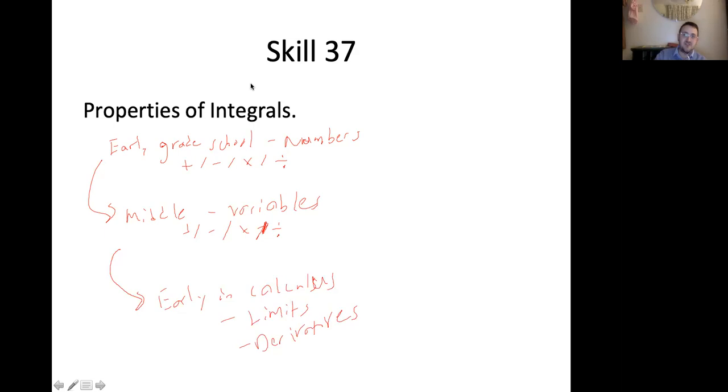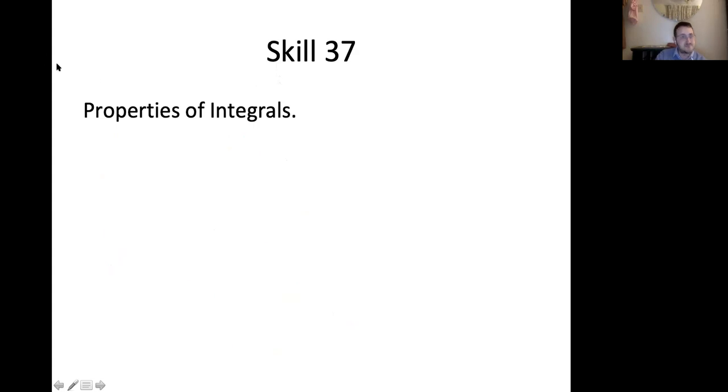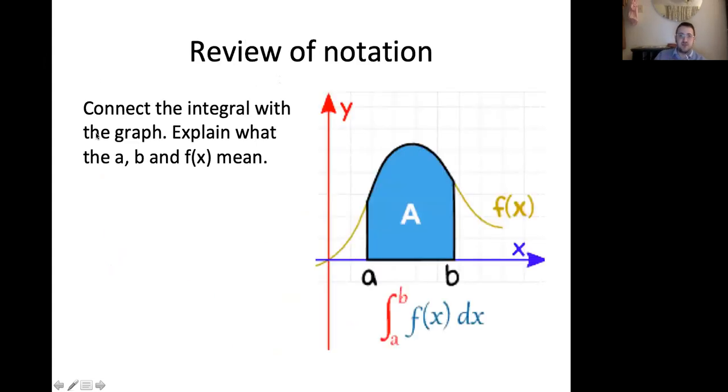And I think what you'll see, and we could probably predict, is that the answer is yes. I just want to clean some things up here. This is a review of integral notation. So we call B our upper limit of integration. We call A our lower limit of integration.